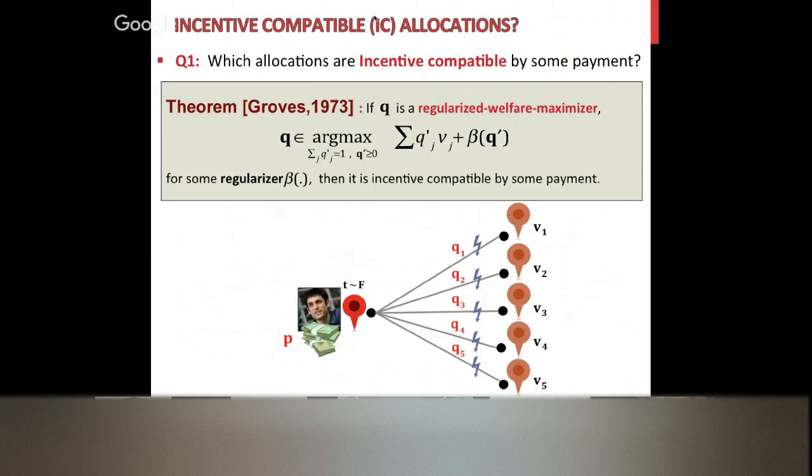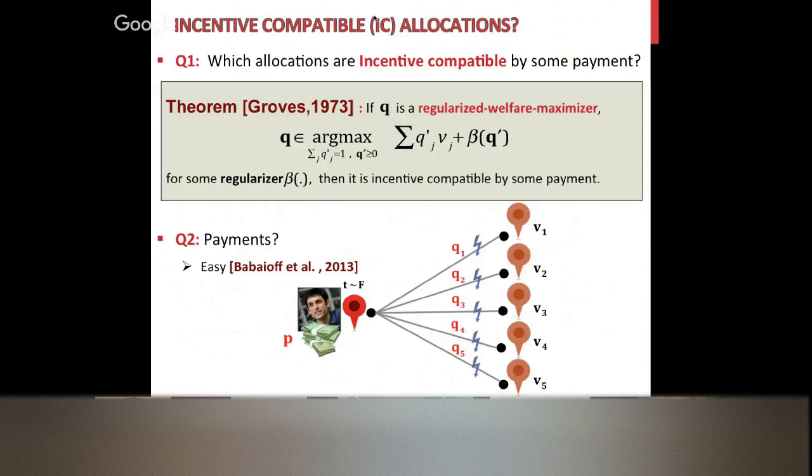But this is not the only class of allocation rules that are implementable by some payments, meaning that you can make them truthful. Basically, if you add any regularizer term as a function of the distribution, there still exists a payment rule that can make this allocation algorithm truthful. And there is a result by Moshe and Bobby that shows that as long as this allocation is an affine maximizer, like a regularized welfare maximizer, there is a polynomial way of coming up with the payments.